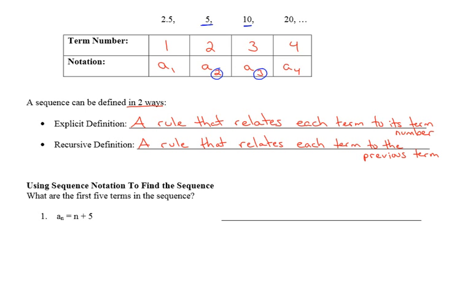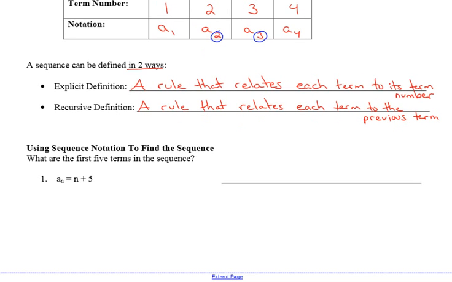What the recursive definition is going to do is compare how the 10 relates to the 5. How does the 20 relate to the 10? Now, as we go through the chapter, I'm going to be asking you for both recursive and explicit definitions, and you're going to be using both explicit and recursive definitions.